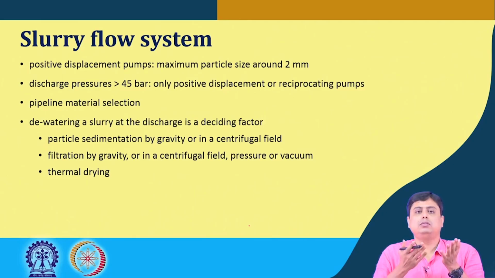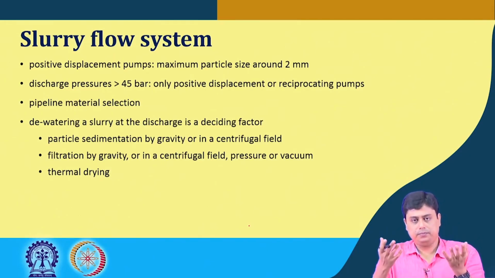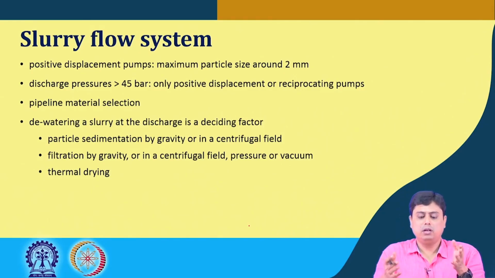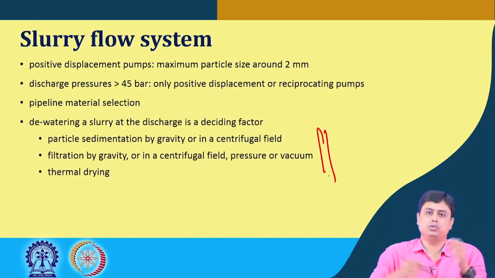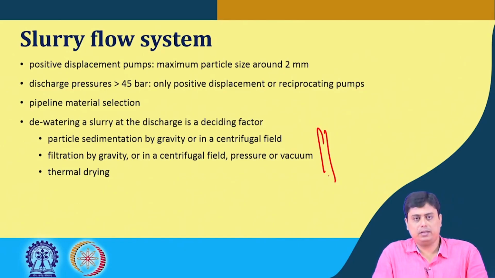We have also seen filtration by gravity or centrifugal field induced filtration, or that also can be done under pressure or vacuum, and thermal drying of the slurry. If we evaporate the water, the solid remains. So, in certain slurry flow systems, all three can be used together or in a sequential manner.